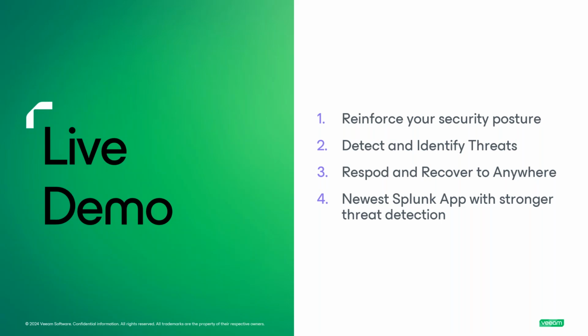And of course, we also include the dashboard in Veeam ONE that can give you a perspective of what's going on in your backup infrastructure. Then how do you respond and recover to anywhere, with the ability to securely restore the environment back to production? And of course, I also included a newer Splunk app developed by Veeam that you can put on your Splunk Enterprise environment for stronger threat detection.